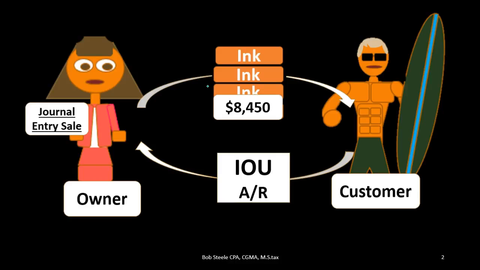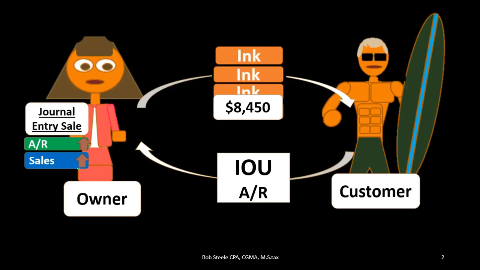So if we removed the inventory accounts, if we did a service sale, then the accounts receivable would be going up by that $8,450, and we would have the sales or revenue going up. In a service company, it would just be a different name. It would probably be called fees earned, or just revenue or income. In a merchandising company, oftentimes we will see it called sales, but it's just a revenue account and it'll go up.